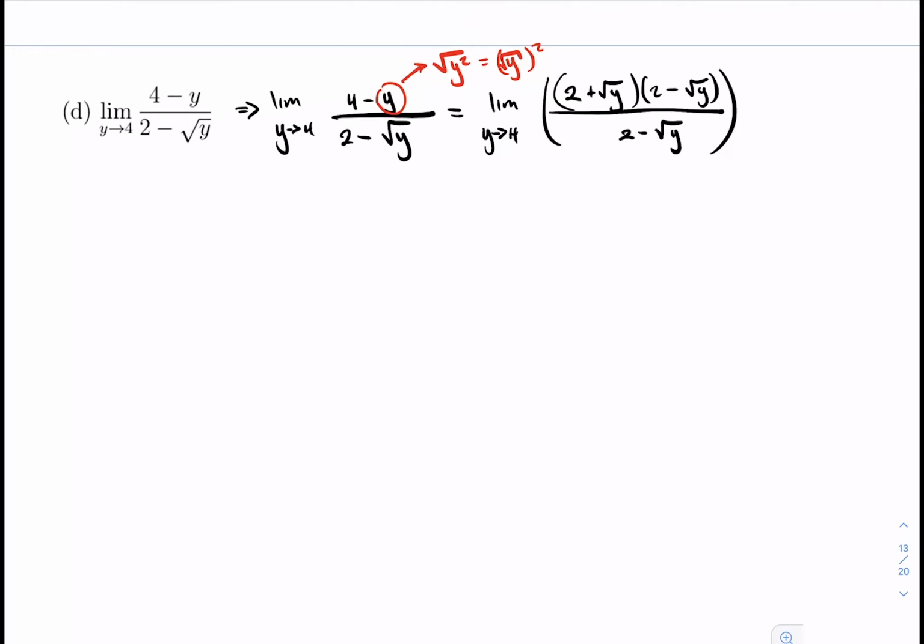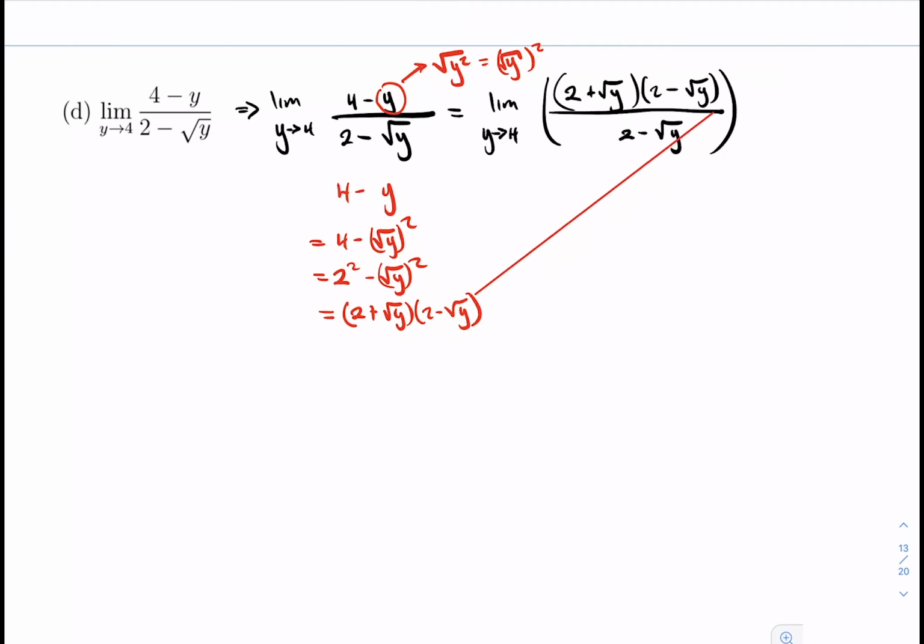If we imagine that we have 4 minus y being equal to 4 minus the square root of y squared, then we should recognize that this is 2 squared minus the square root of y squared, which can be applied as the difference of squares. So we have 2 plus the square root of y times 2 minus the square root of y, which is what I applied in my numerator.